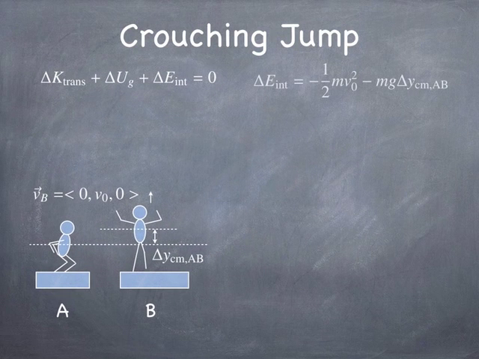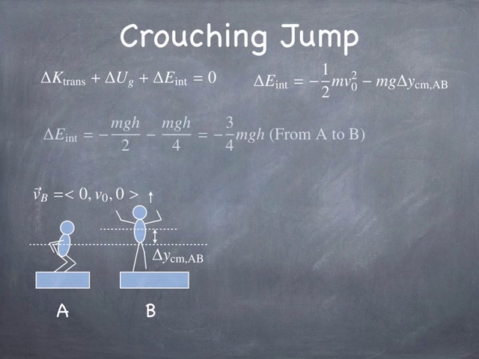Now, if you put in the known change in height of the jumper as it goes from A to B, and you put in the known change in translational kinetic energy, we can actually calculate the change in internal energy. The change in internal energy turns out to be minus 3/4 of mgh.